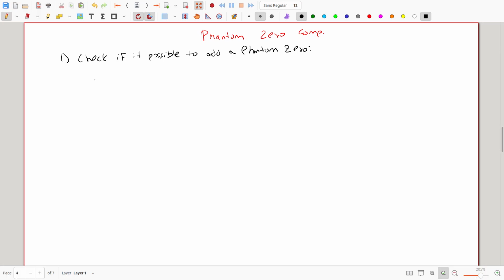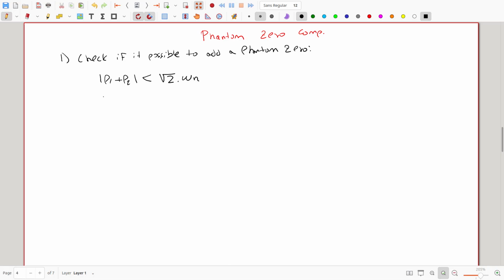For that I have to make sure that P1 plus P2 is lower than the maximum achievable bandwidth, that is omega n.